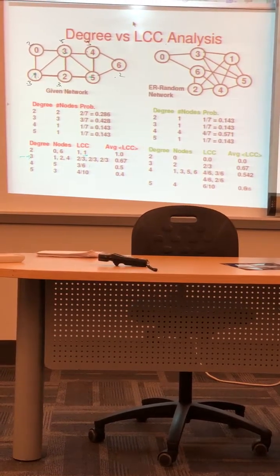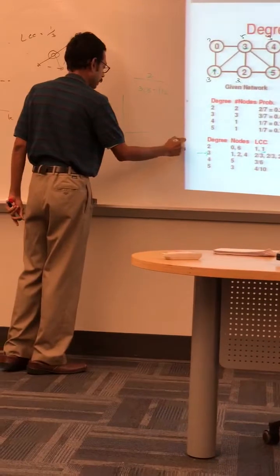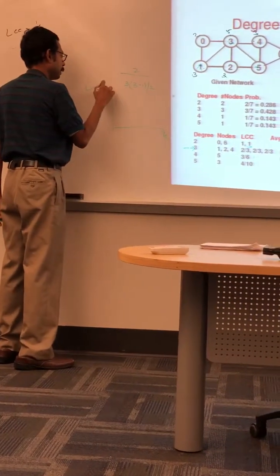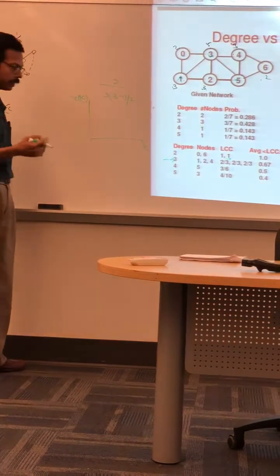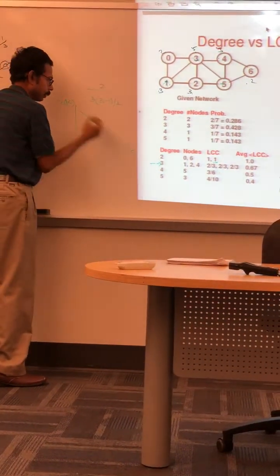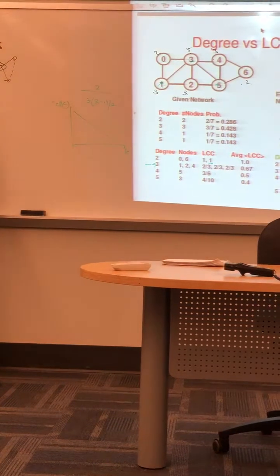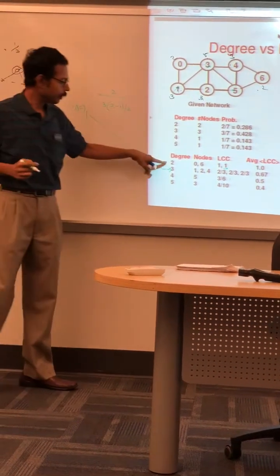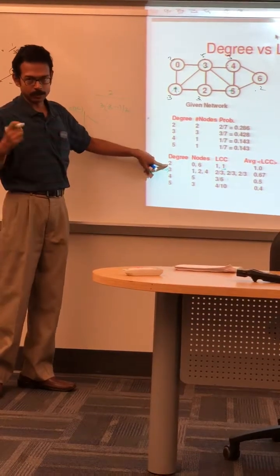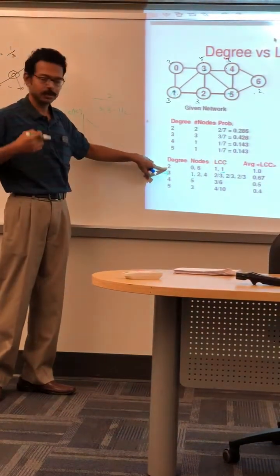So this is that pattern which I showed at the beginning of this class, where the clustering coefficient or local clustering coefficient, you can call either way, decreases with degree. So C of k, now we understand what C of k means. So C of k means average local clustering coefficient of all nodes, say with degree 2.